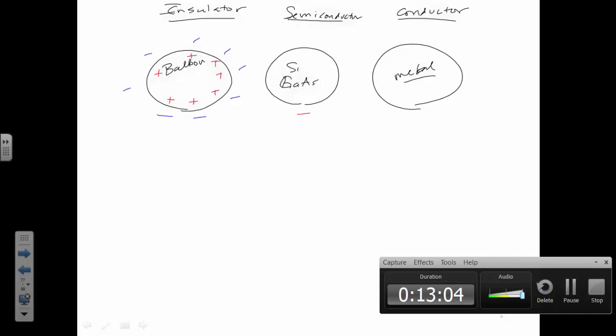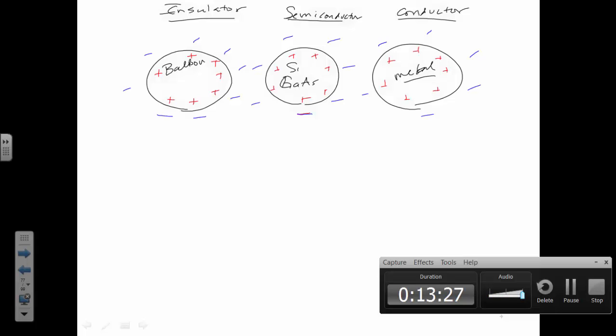In a general situation, things are in balance. So we have a balanced number of charges on these objects, and we'd call that neutral.